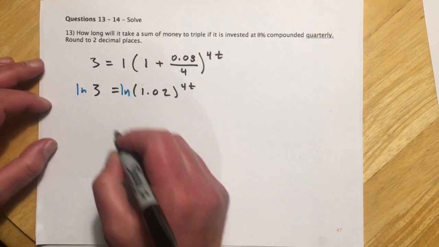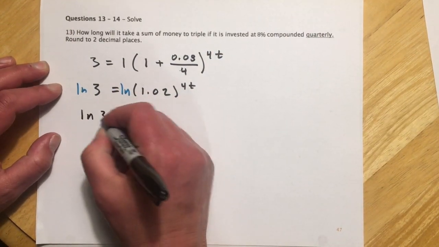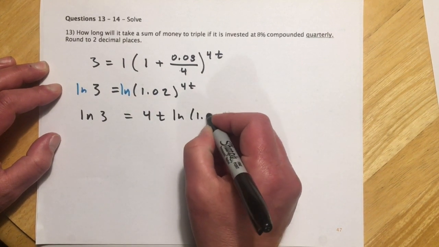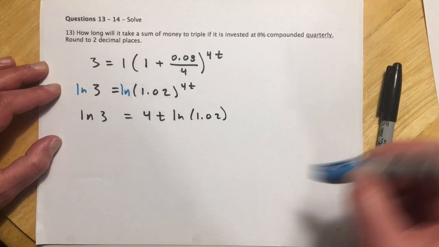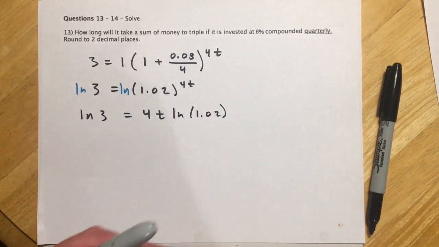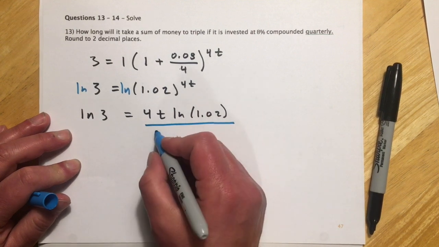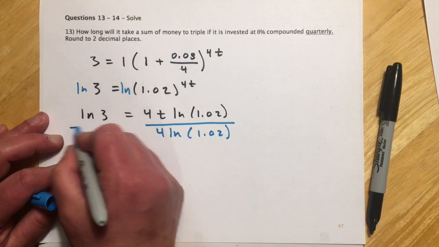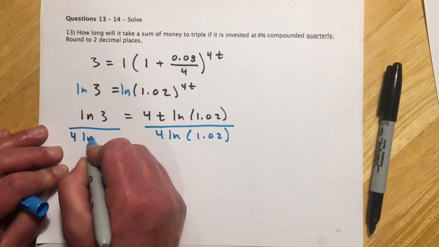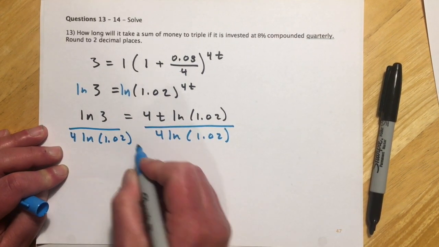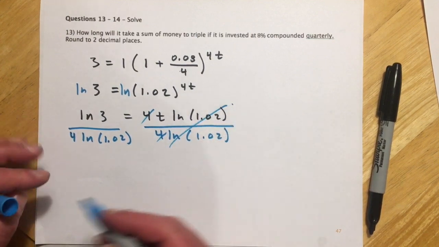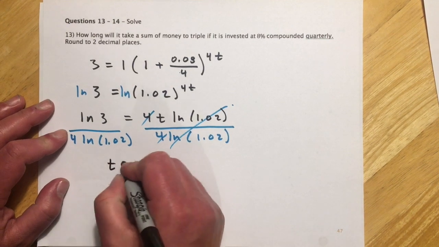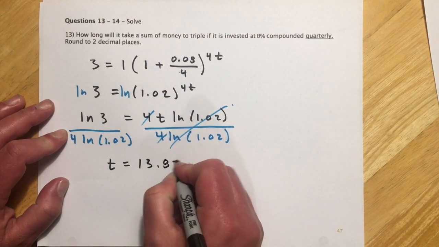I can bring down the 4t. So this is ln 3 equals 4t ln 1.02. And then from there I can divide out everything but t. So 4's cancel, natural logs cancel. And then the calculator should get you 13.87 years.